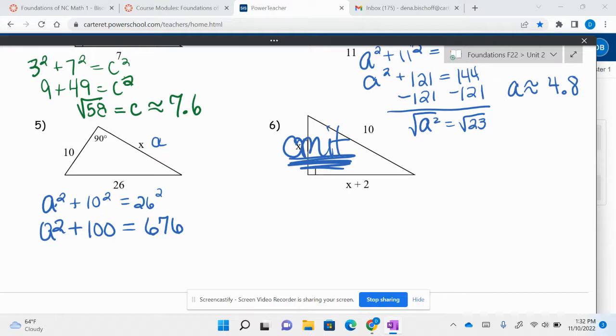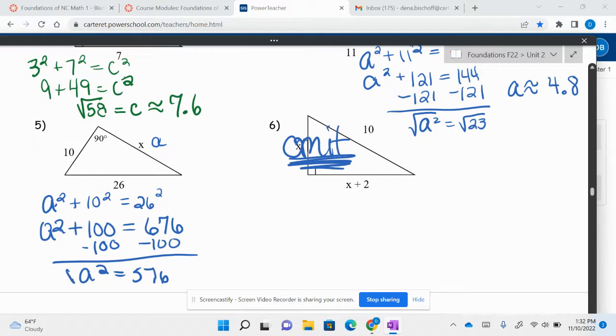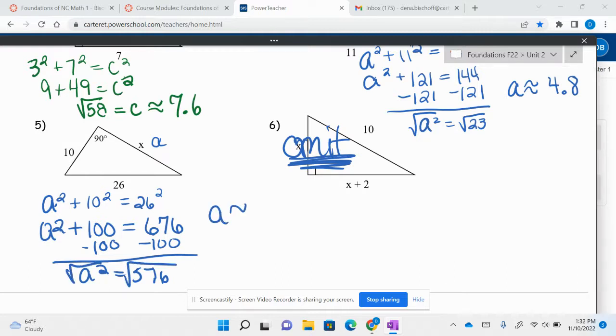What do I want to do? Yeah, subtract 100 from both sides. A squared equals 576. I'm going to take the square root of 576. I find out that a is about, sorry, what is a about?